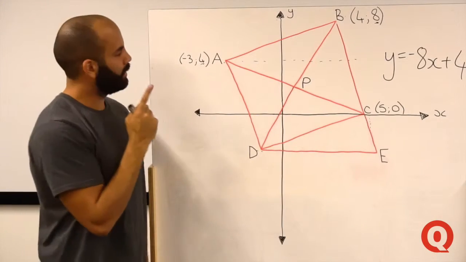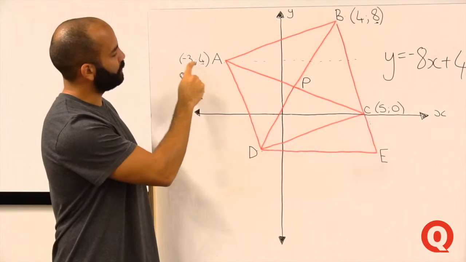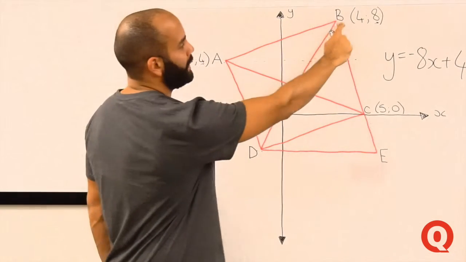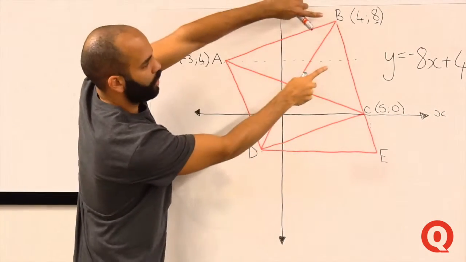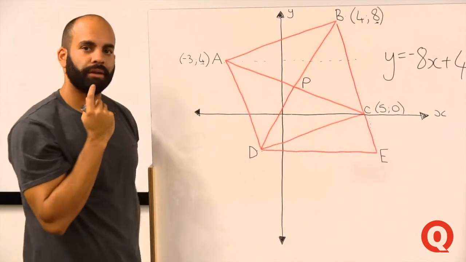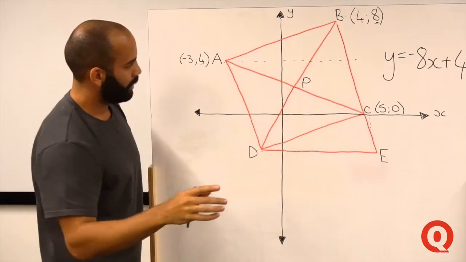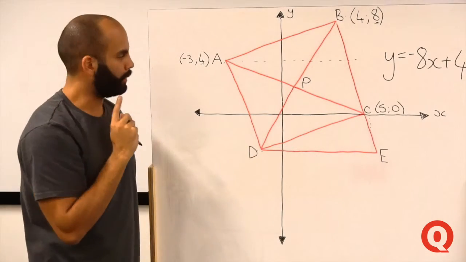So I know that coordinate A's y value is 4 units lower than coordinate B's y value, which is 8. So that is a difference of 4 units along the y-axis. Knowing that, I can use it because C is also part of this parallelogram.